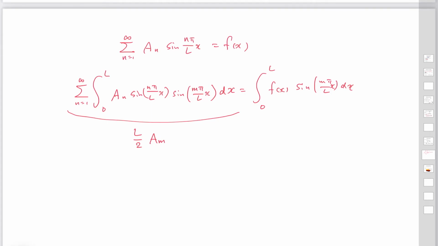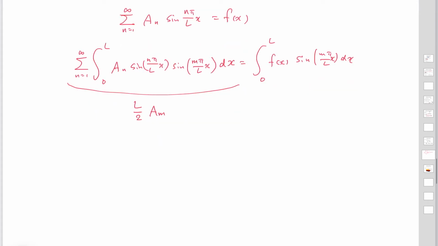We choose only m equal to n. From this equation, a sub m becomes 2 over L times the integral of f(x) sine (m pi over L) x dx. So we have found the coefficient a sub m.